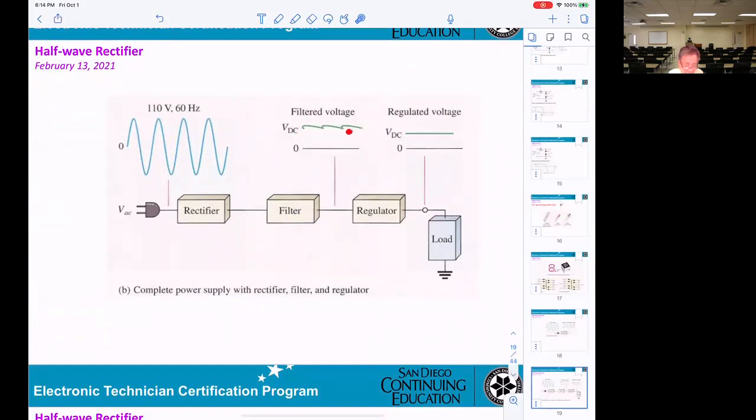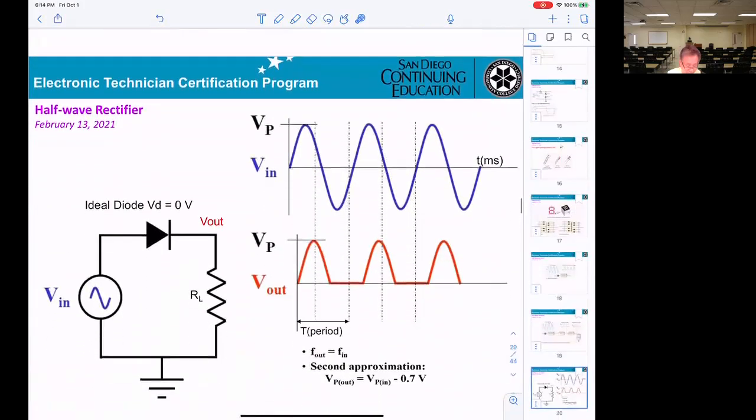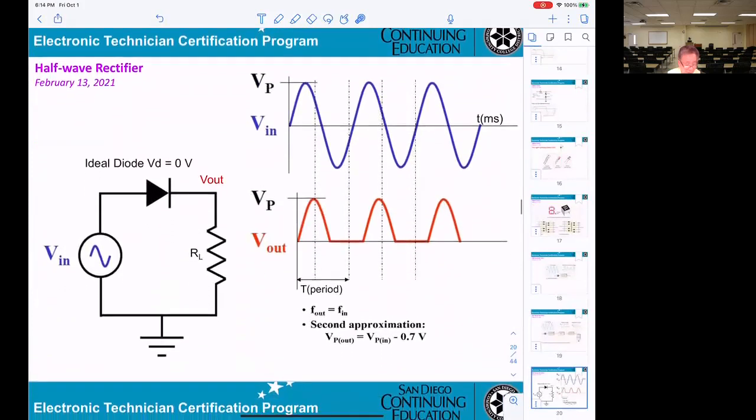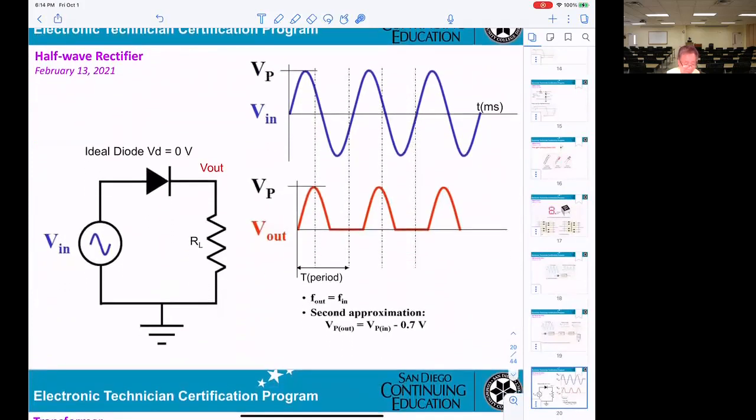However, VDC on the top, they still get a sine wave. That's what they call the ripple, the noise. Okay. And they try to clear off this noise here, just get the DC only. So they can use the regulator. Just a picture for you to see.